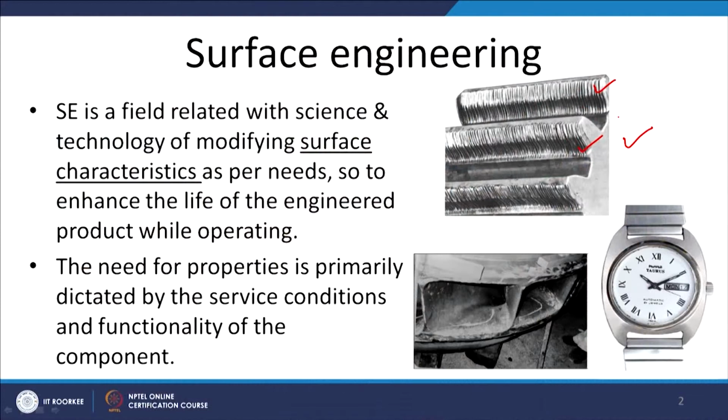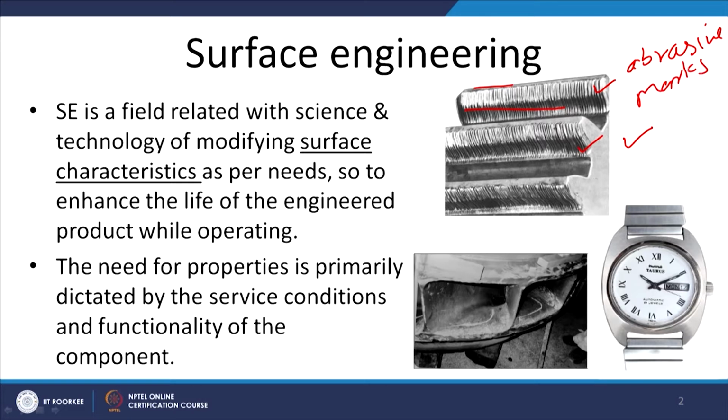For example, if we see, there are three components. The first one is part of a gear, where 2 or 3 teeth we can see, and a number of marks on the gear teeth are present. These marks are basically abrasive marks.